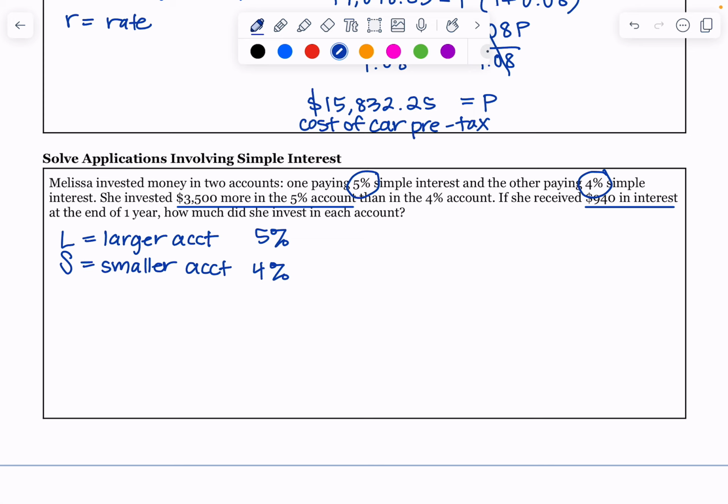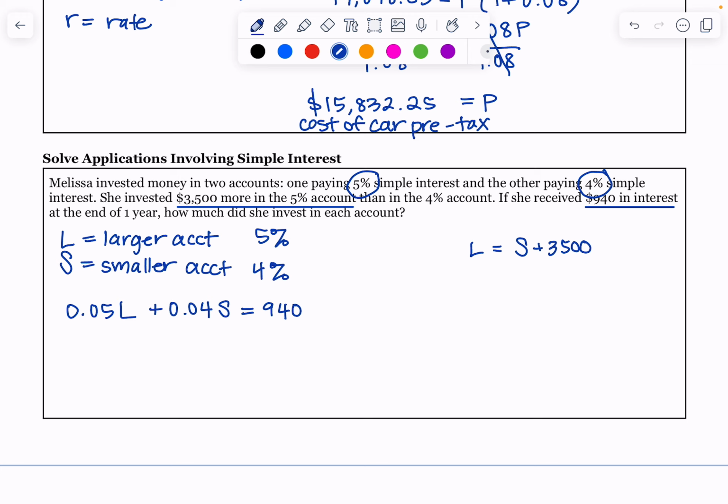Off to the side, we know that the larger account is equal to the smaller account plus 3,500. We know also that $940 in interest is going to be found by taking 5% of the larger account plus 4% of the smaller account, and that is equal to 940.